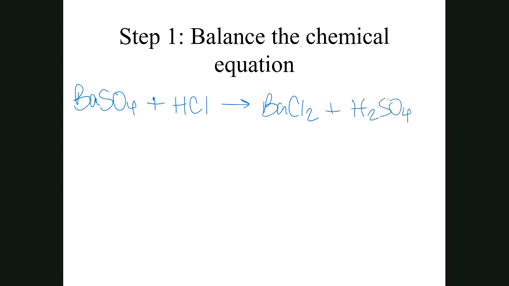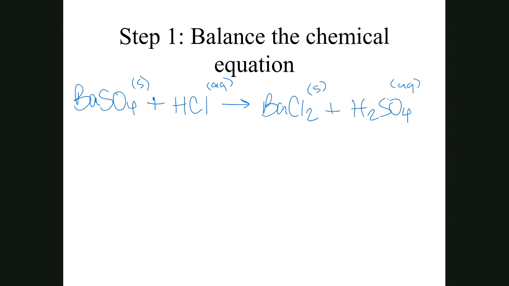So if you wanted to, you could check to make sure that these are all proper compound formulas, but they were given in the question for you, so you can assume that they are. So barium sulfate is a solid. Hydrochloric acid is aqueous. Barium chloride is another solid. And sulfuric acid is also aqueous.